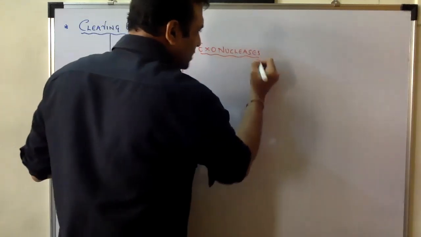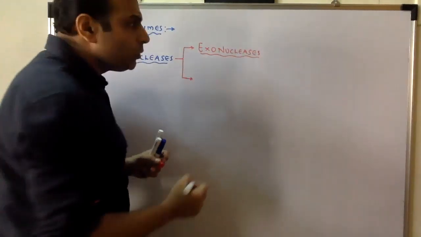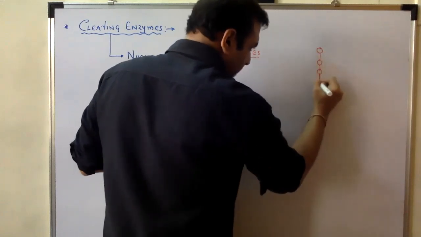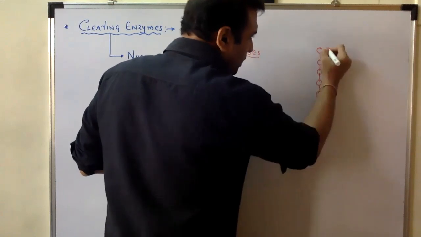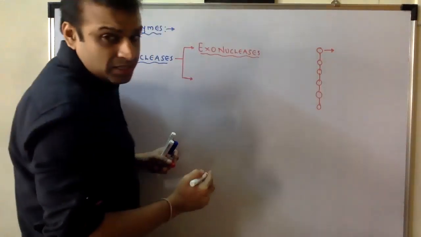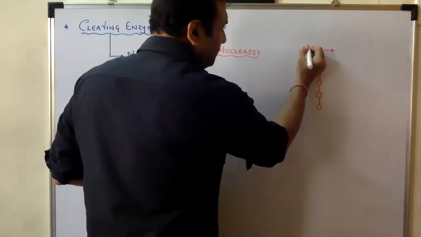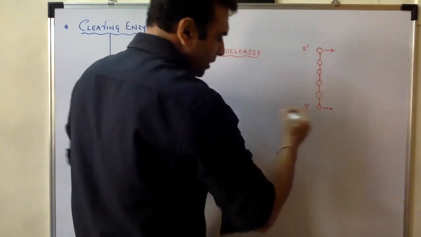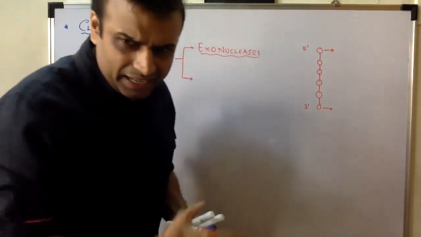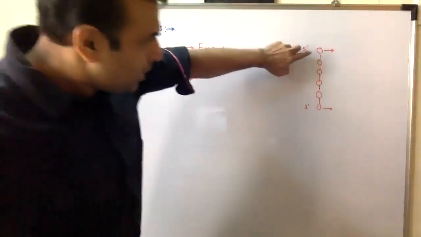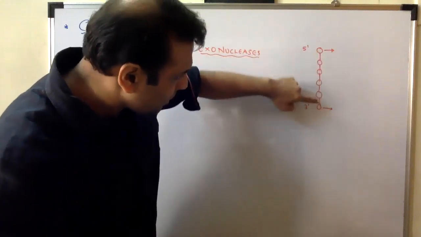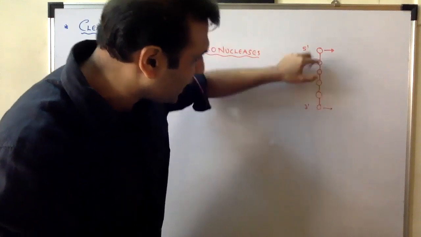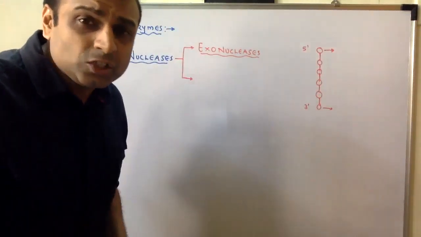Now understand exonucleases. Exonucleases are those enzymes which can remove the nucleotides from the ends, that is either at the 5' end or at the 3' end. यानी अगर ये मेरा डीएनए है या आरएनए है, एक स्ट्रैंड ले लो खाली, तो अगर वो एंड से न्यूक्लियोटाइड्स को निकाल पाएगा, बीच में से नहीं कट कर सकता है, वो सिर्फ एंड से निकाल सकता है, तो उसको मैं बुलाऊंगा exonucleases.